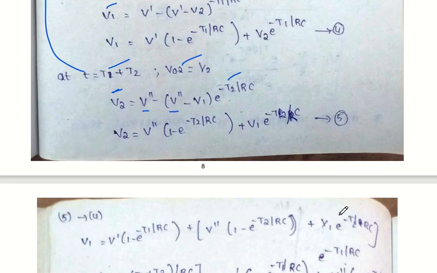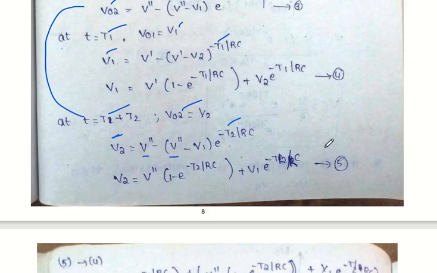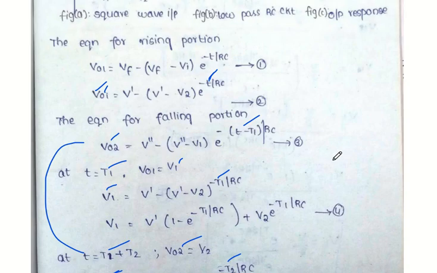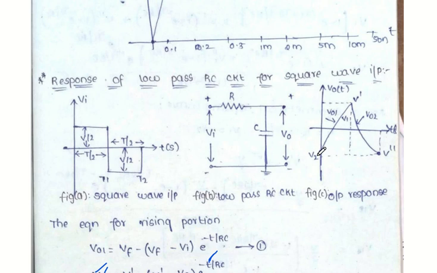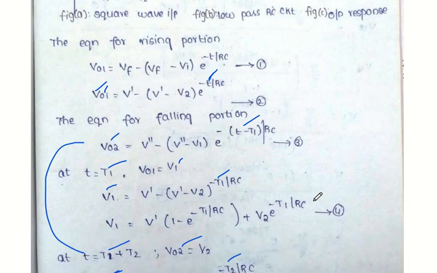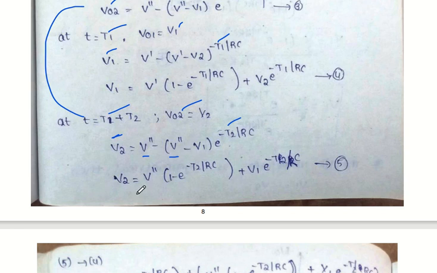Now we get the value of V2 in equation number 5, and we get the value of V1 in equation number 4. So that is this value V2 and V1. V2 this value, V1 this value. Now substitute the value of V2 into equation number 4, because we have the V2 term here in equation number 4 that is obtained in equation number 5. Now simply substitute this value into this.